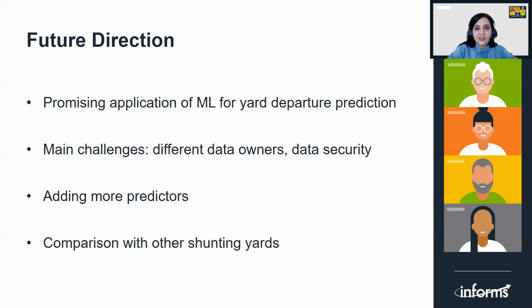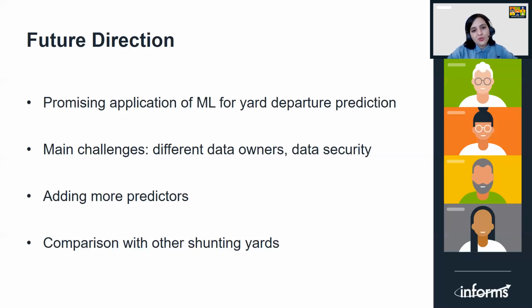Another thing is that there are different data owners regarding the operations in the yard. We have the yard operator who owns the data for the classification yard, and we have the infrastructure manager who owns the data for the arrival and departure yard. So it is difficult to obtain the data from these two main stakeholders, because each of them has their own interests.